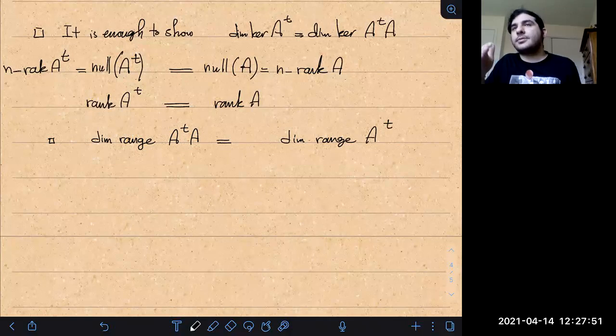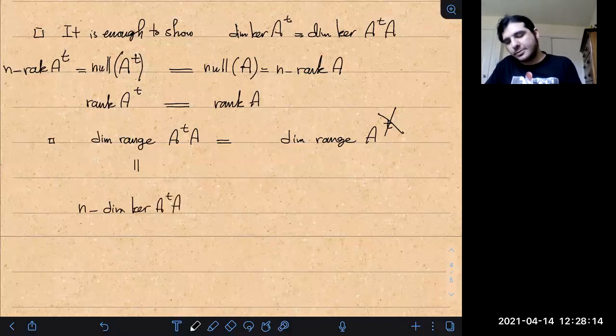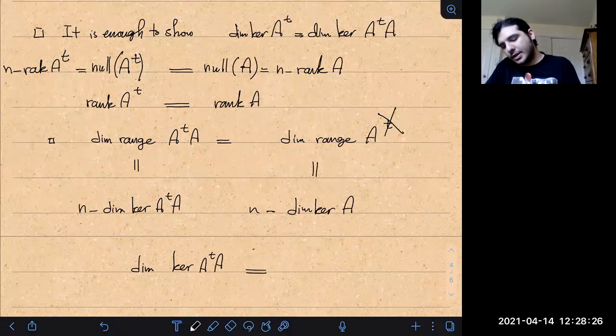But because the range of A transpose has the same dimension as the range of A, it is enough to prove that the dimension of the range of A transpose A is equal to the dimension of the range of A. And because these numbers are equal to n minus the dimension of the kernel of A transpose A, and n minus the dimension of the kernel of A, it is enough to show that the dimension of the kernel of A transpose A is equal to the dimension of the kernel of A. So this is the only thing I need to prove.